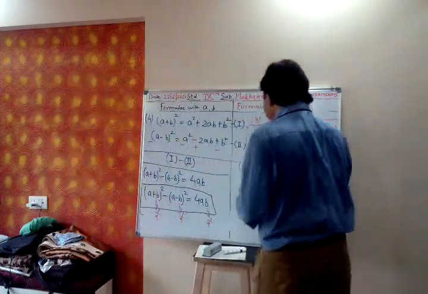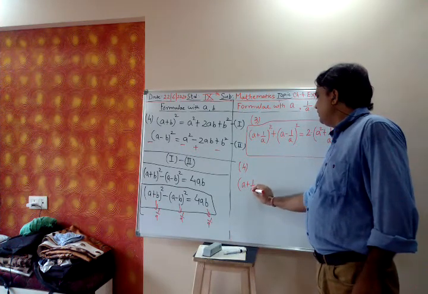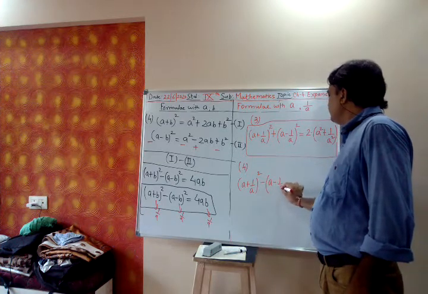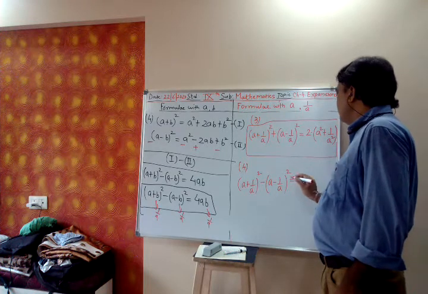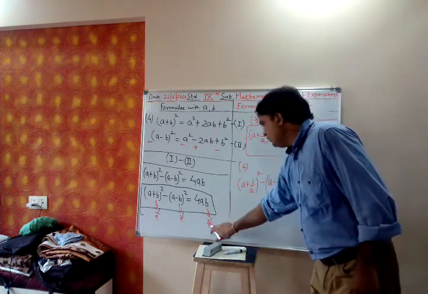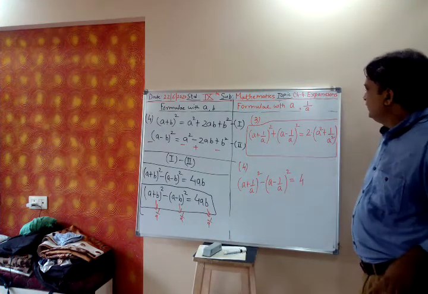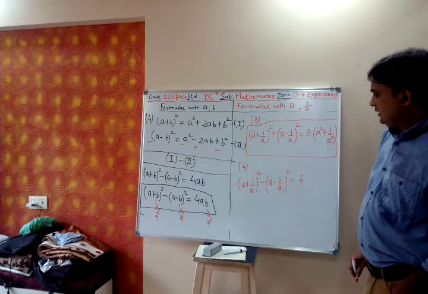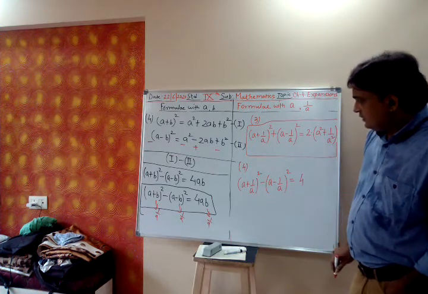So this we write: a plus 1 upon a whole square minus a minus 1 upon a whole square is equal to 4a into 1 upon a. A into 1 upon a get cancelled, and that is 4. Is it clear? A into 1 upon a, yes?